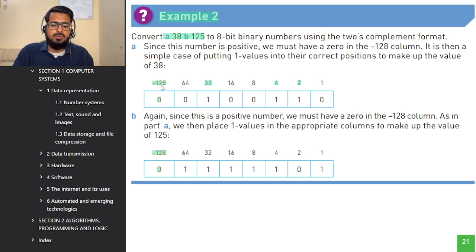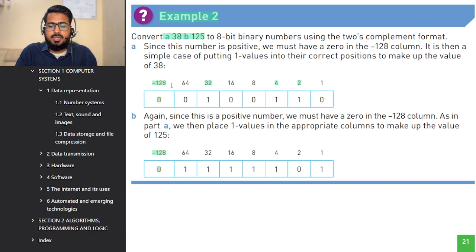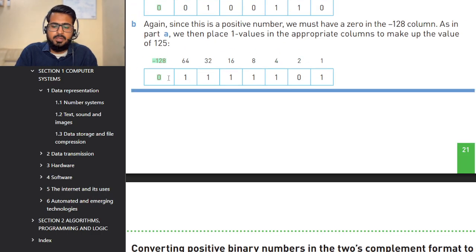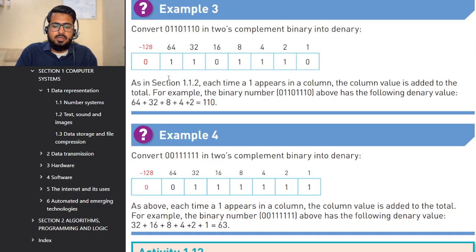That will show that you know the concept very well, and the examiner will give you the marks. If you forget to put the minus sign on the leftmost bit, the examiner may deduct your marks accordingly.